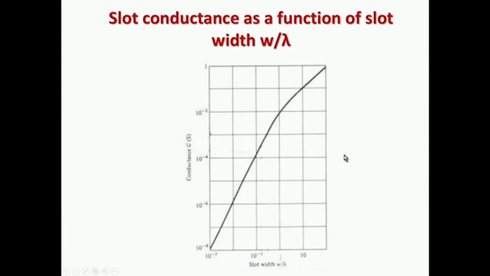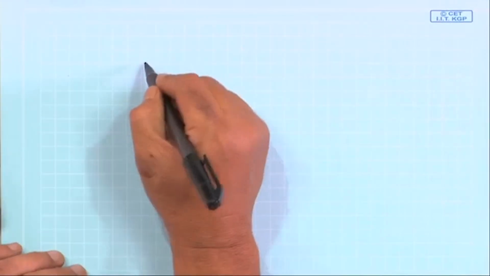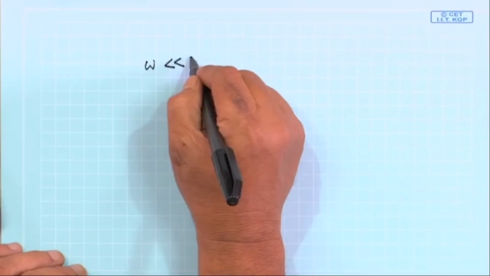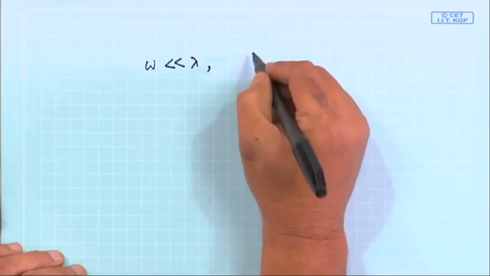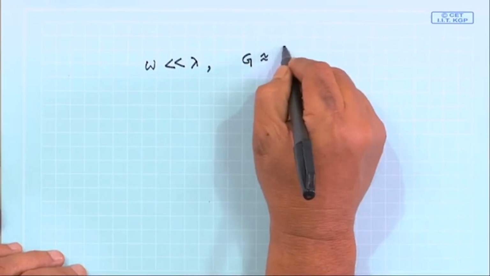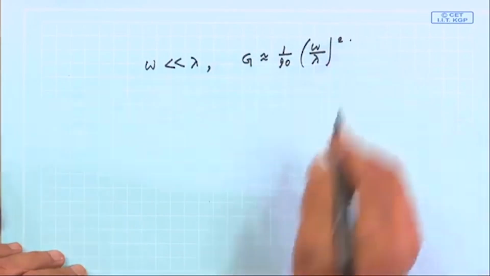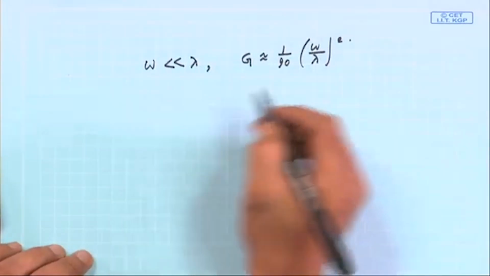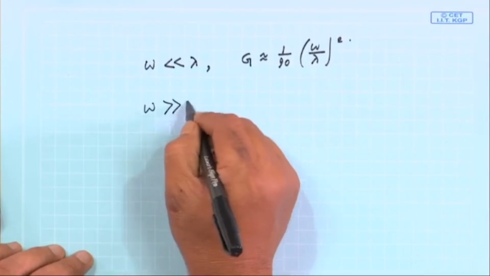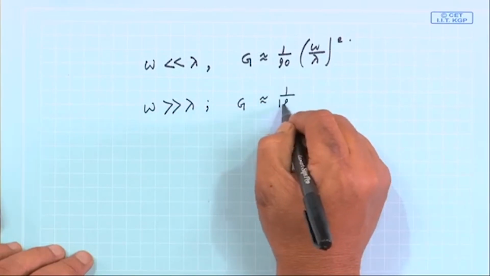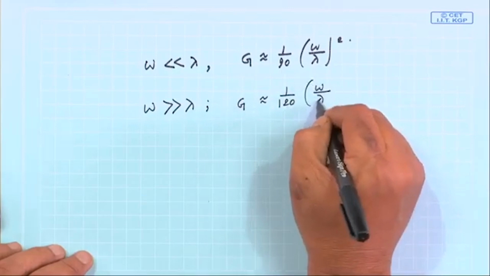People have come up with various formulas: when the width is much smaller than lambda, G is of the order of 1 by 90 (W by lambda) squared, and the other way around, if you have a larger width, then G is 1 by 120 W.